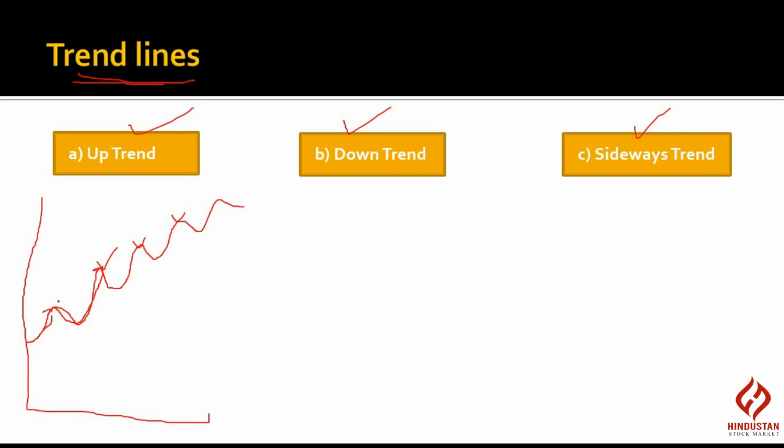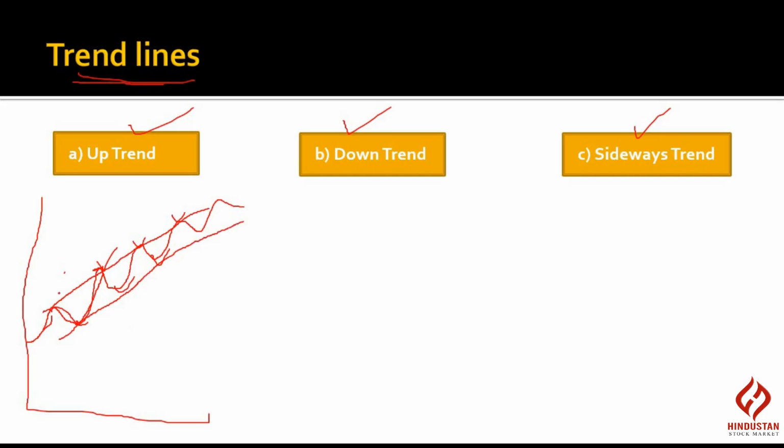So if a stock is making continuous higher highs and higher lows, then it is known as an uptrend. And here you can see stock is making higher lows. So this is a low, right? And this new low is higher than the previous low, and this new low is higher than this previous low. So if stock is making higher highs and higher lows, then it is known as an uptrend.